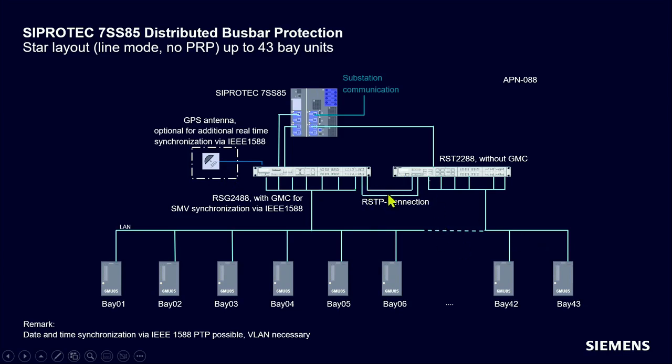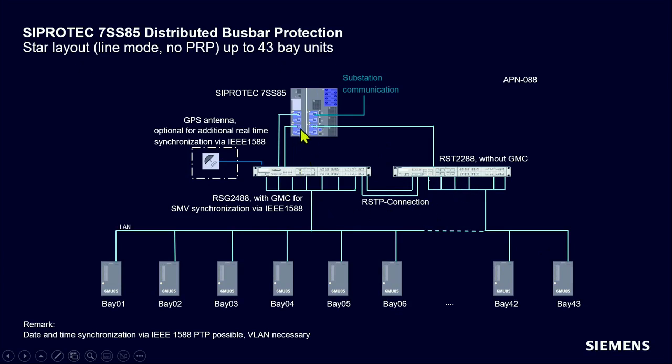To have more slots available, we extend this layout with an RST2288. This RST2288 has no option for a grandmaster clock and is therefore also a little bit cheaper.